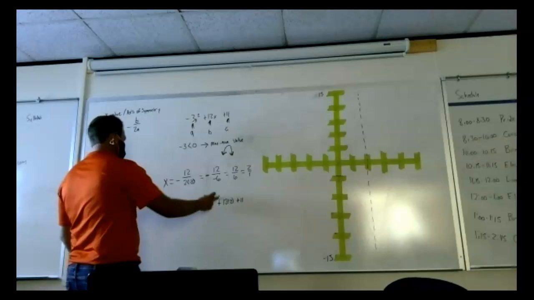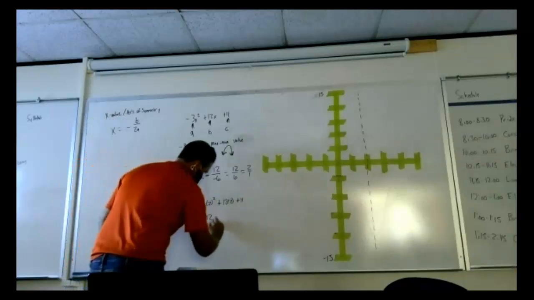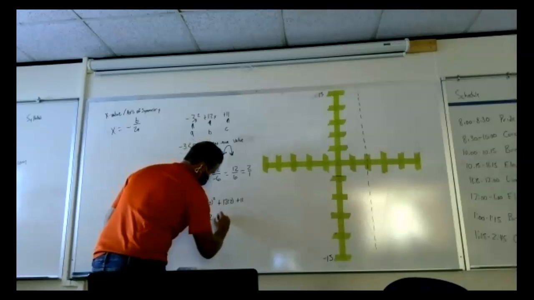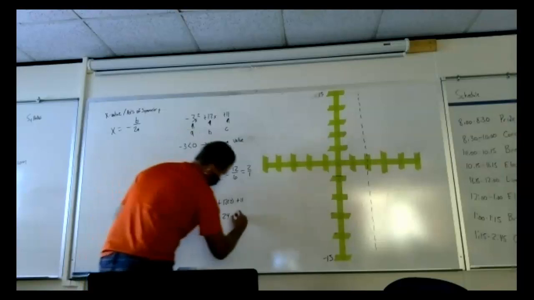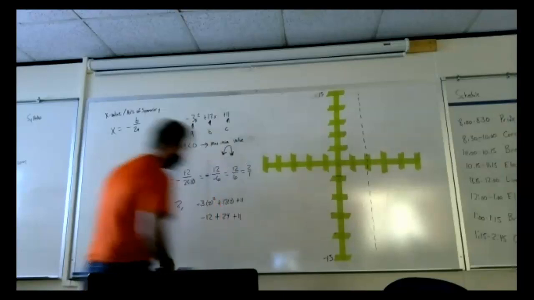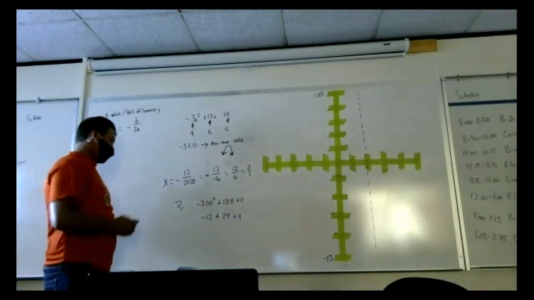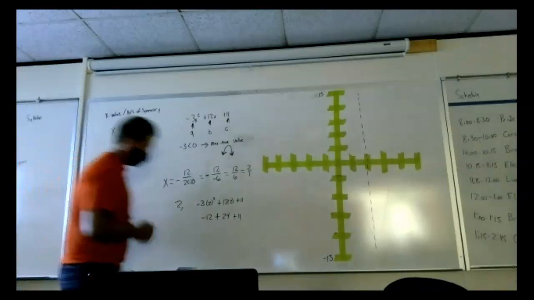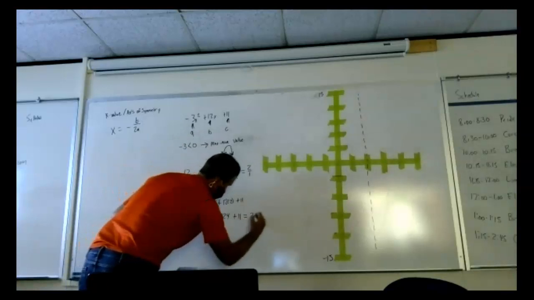So 2 squared is 4 times a negative 3 is a negative 12. 2 times 12 is 24. So that's plus 24 plus 11. Negative 12 plus 24 is 12, plus 11 gives you the answer of 23.